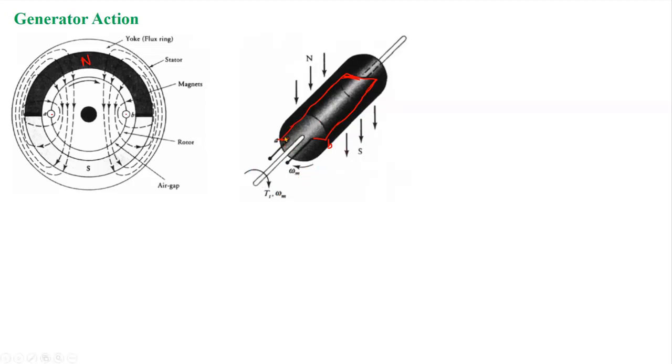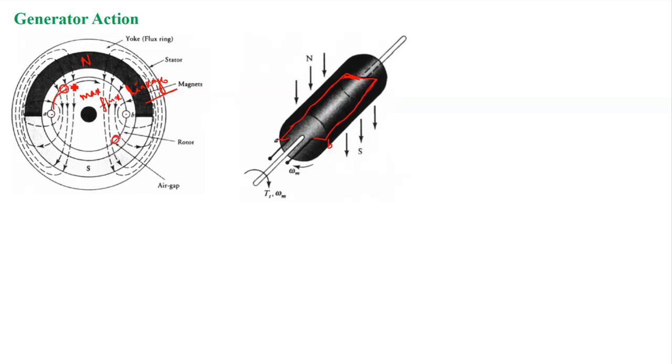So initially it is in the flat position, we can see here. And under this condition, the flux linkage is maximum, because we can see all the flux is passing through this coil, right? That means maximum flux linkage is under this condition, okay? Now if I rotate it slightly, then what will happen? Suppose I rotated it, A will come here and B will come here, right?